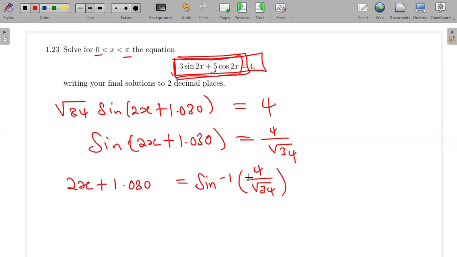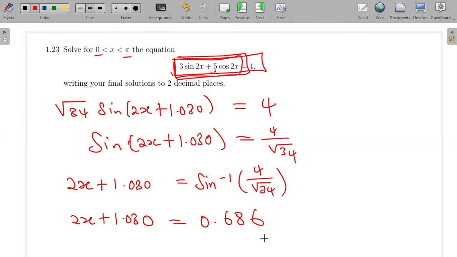So you just have to punch this onto your calculator. What will be the value that we're going to get? So our 2x plus 1.030 will be equal to, if I punch this on my calculator, it's giving me 0.686.